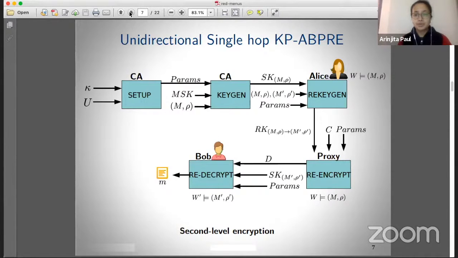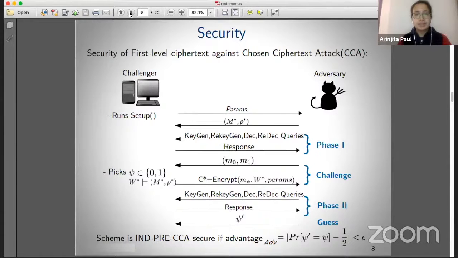In order to do the re-encryption, you use a re-key generation algorithm to generate the re-encryption key, which will do the re-encryption from one access structure to the other, and which will be fed to the proxy. Now the proxy will take as input this re-encryption key and the first level ciphertext to generate the second level ciphertext.